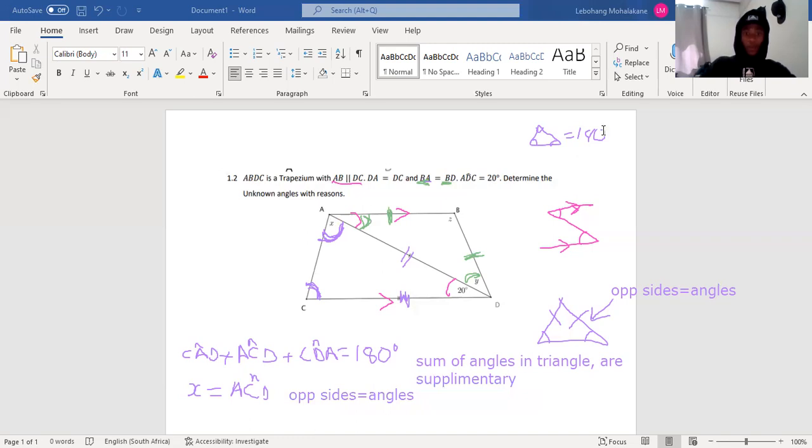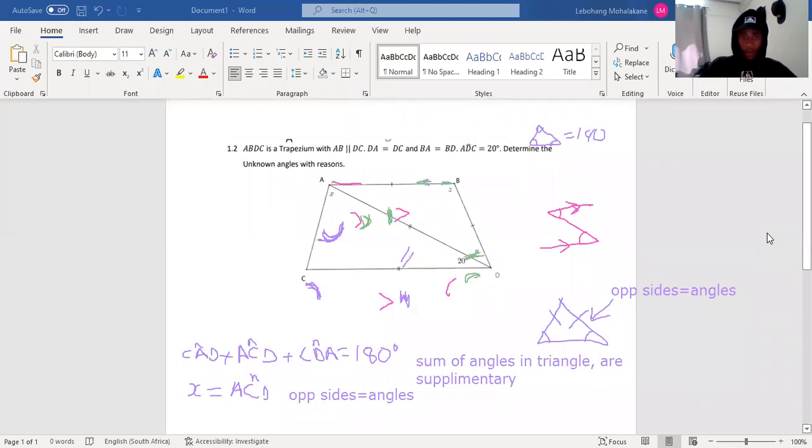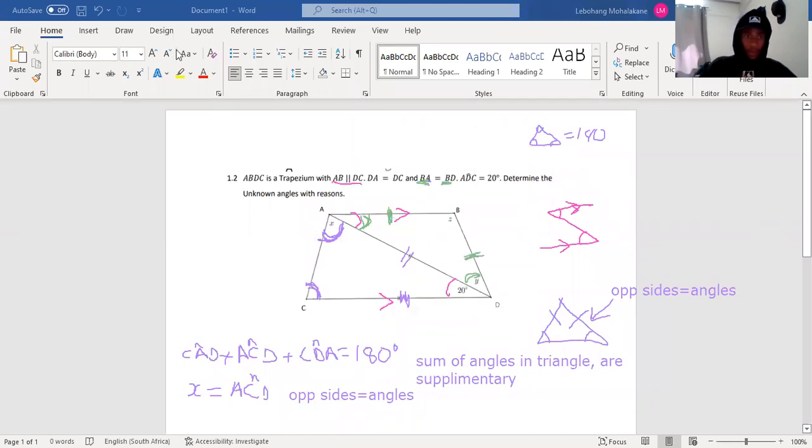Fine. And so now it means that my value of x, I'm going to have x plus x.